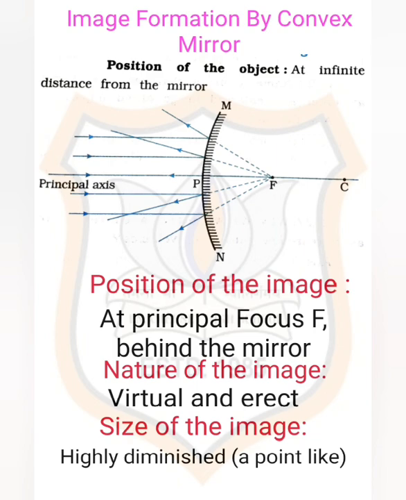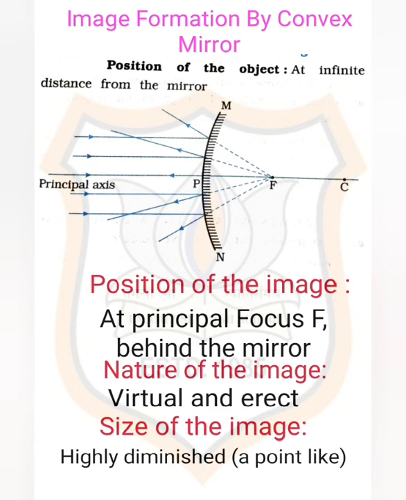Now our next topic, image formation by convex mirror. So students, we know that convex mirror always gives virtual and erect images. So let us discuss the very first point, when the position of the object is at infinite distance from the mirror.